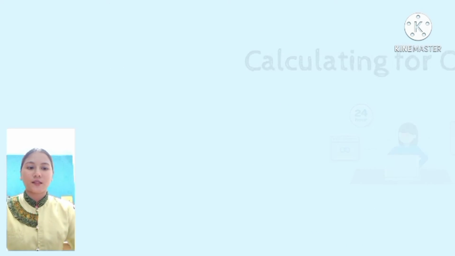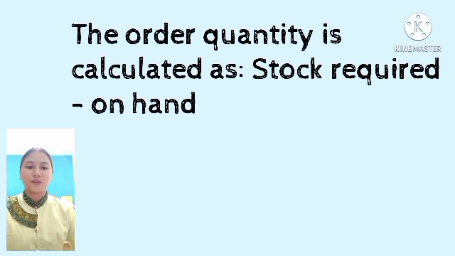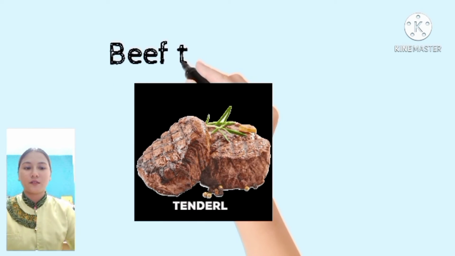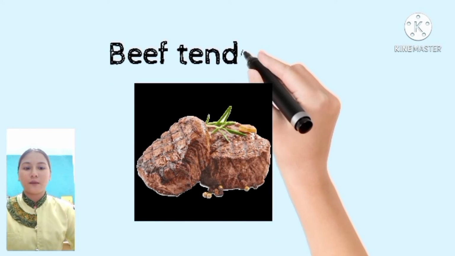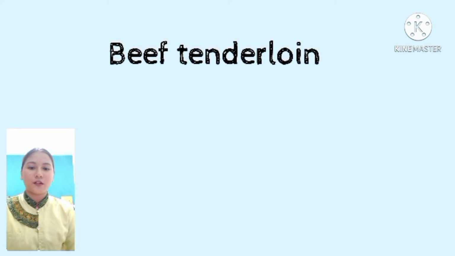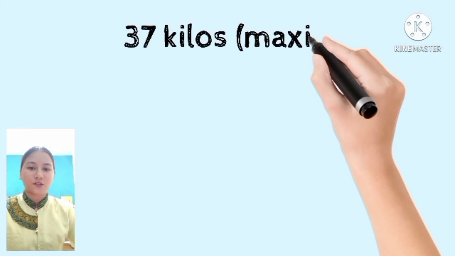The order quantity is calculated as stock required minus stock on hand. Using the same example regarding the beef tenderloin, halimbawa po nito, the requirement is 37 kilos.